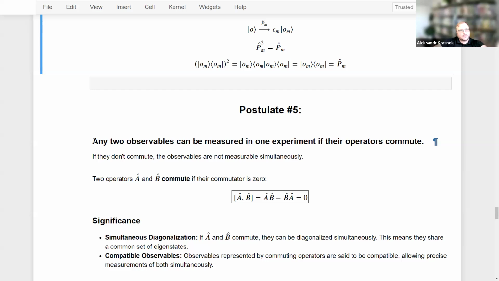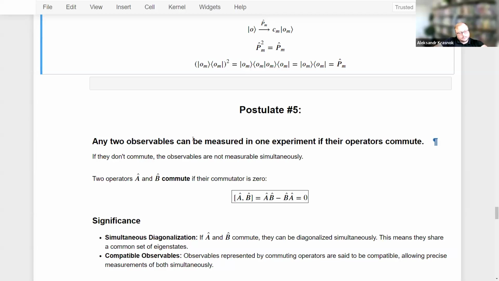Like for example, the coordinate of an electron. In order to measure the coordinate of an electron, I have to stop the electron at some point in space, right? Or at least affect its trajectory, which unavoidably will change the momentum of the electron, right? So these two cannot be measured in the same experiment.